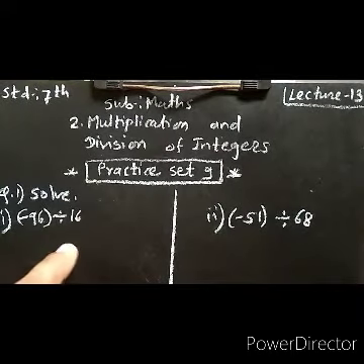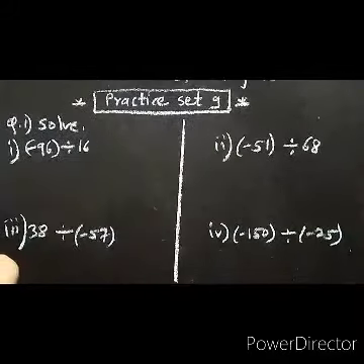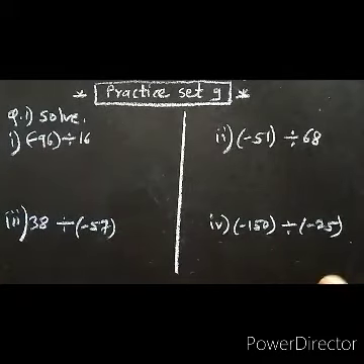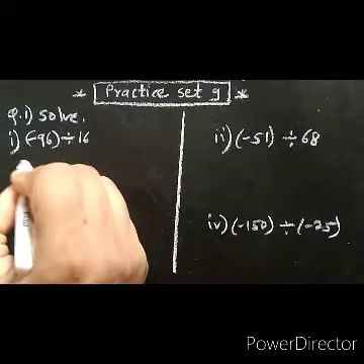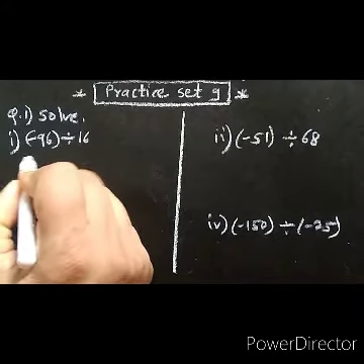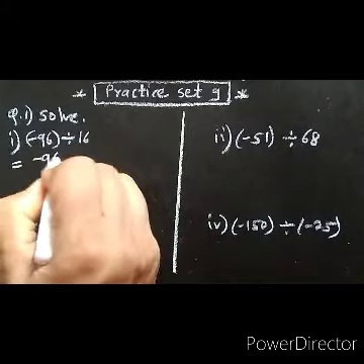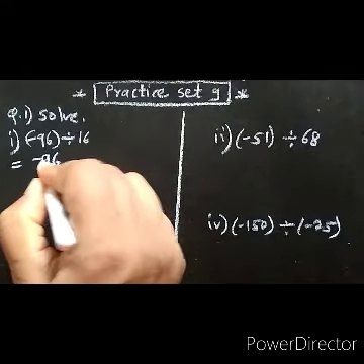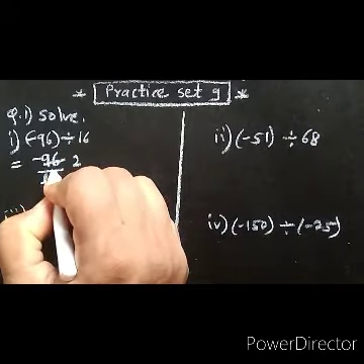Minus 96 divided by 16. Both these numbers are even and both are divisible by 4, so we can divide by 4. Minus 96 divided by 16: 4 4s are 16, 4 2s are 8, 9 minus 8 is 1.